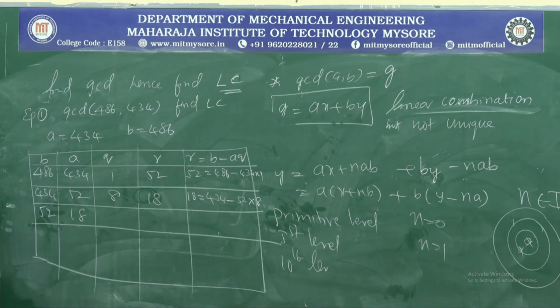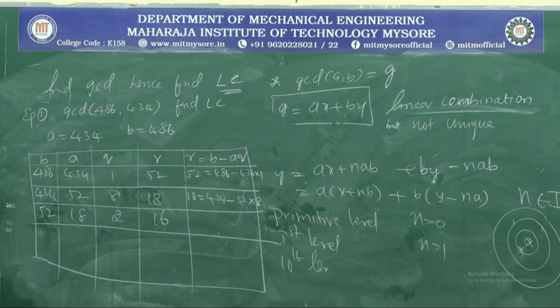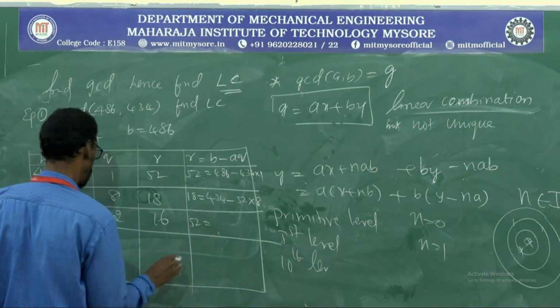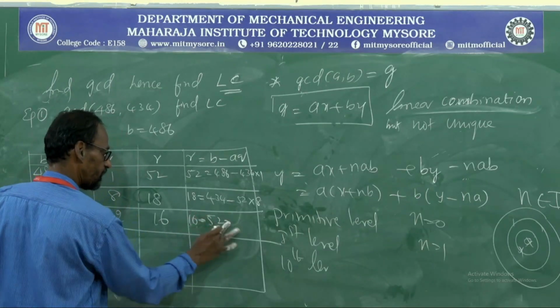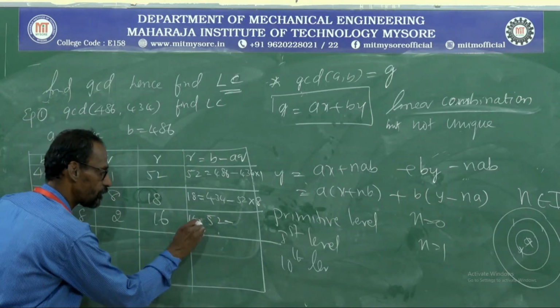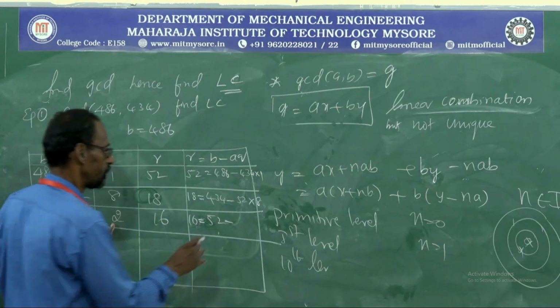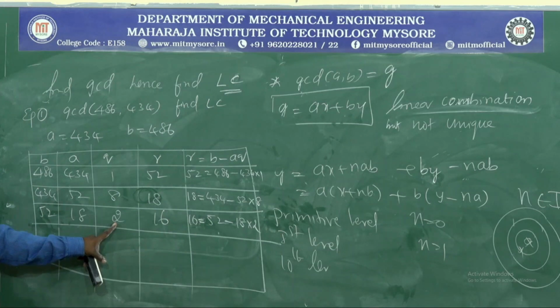It is 2 times, it is 16. And we can write 16 equal to 52 minus 18 into 2, by the formula. Still not equal to 0.